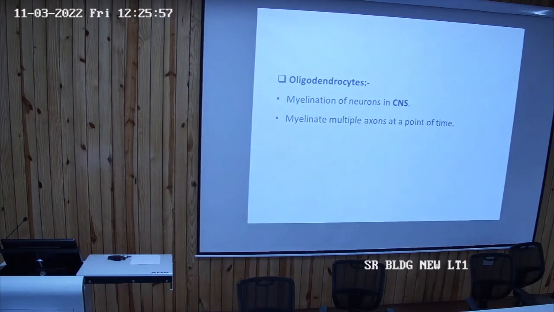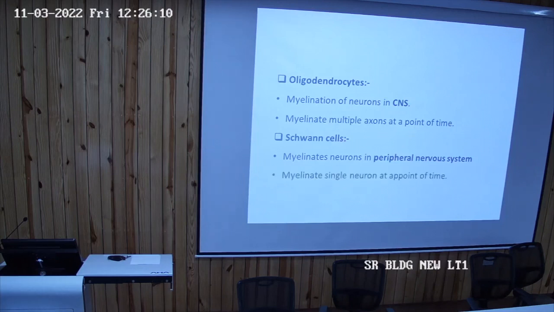Schwann cells myelinate the peripheral nervous system axons, and they can myelinate only one axon at a time. This is the difference.